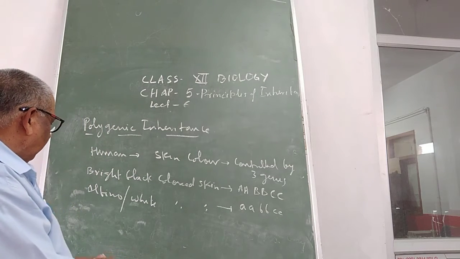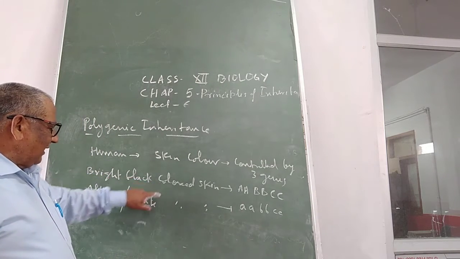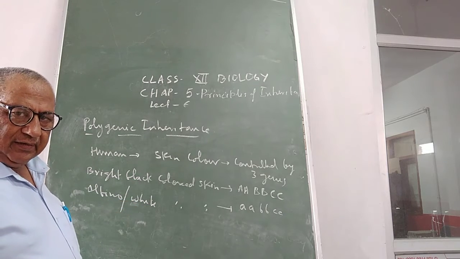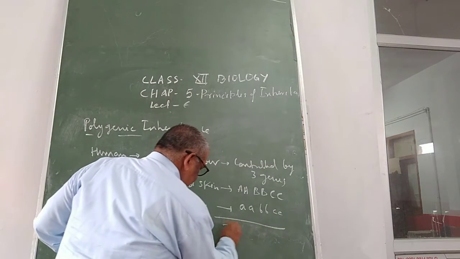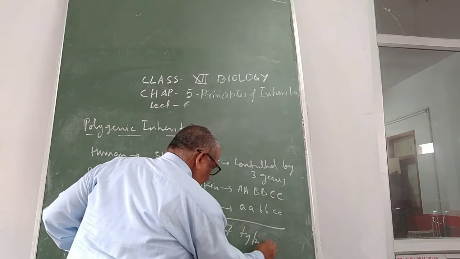Now, if we make a cross between a bright black colored skin person and a white colored skin person, we'll find 7 different types of progeny.